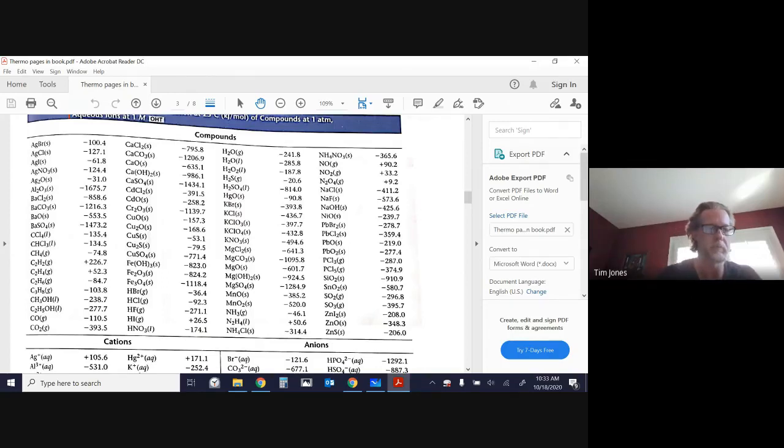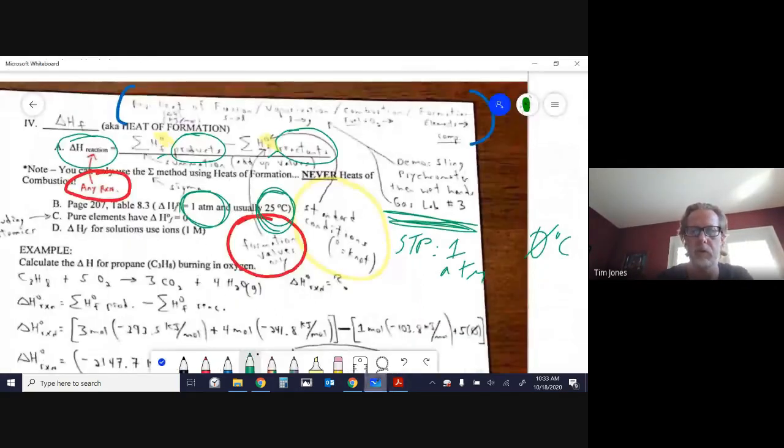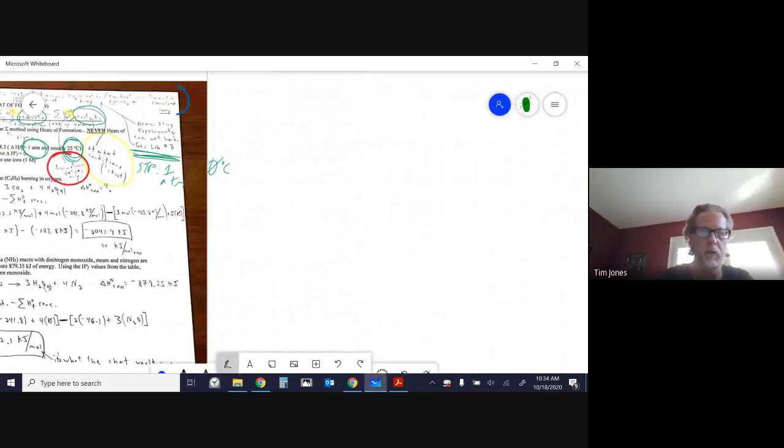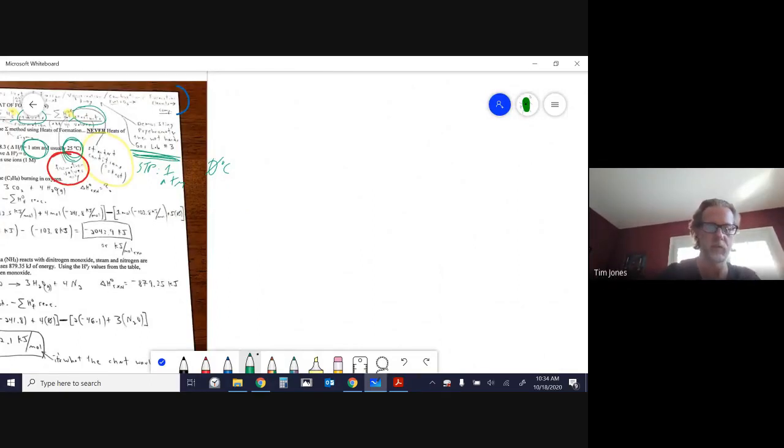For example, let's take a look at the iron 3 hydroxide, FeOH3. I'll go back to the other page where I can write. If I want to write that reaction out, which you don't have to, but I just want to review this, I want to write out the formation of FeOH3.